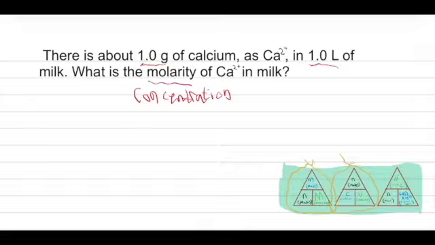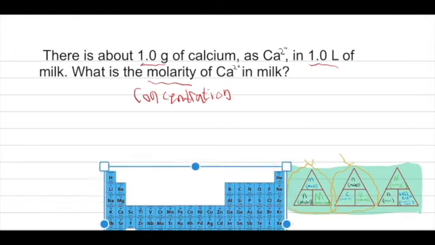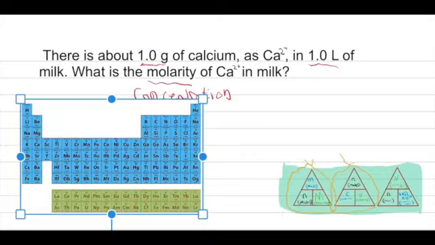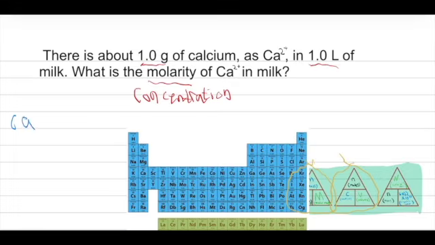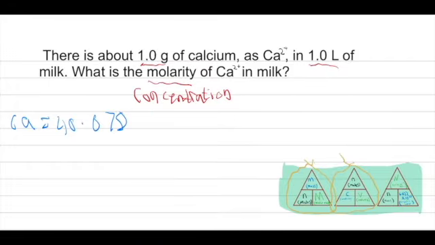So, we need to find the molar mass of calcium. Let's take a look. Calcium is 40.078. Okay, so now what do we need?